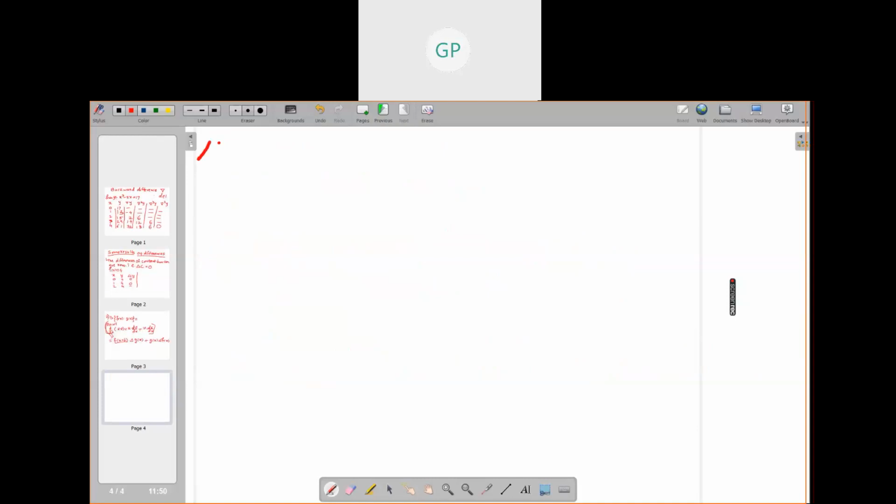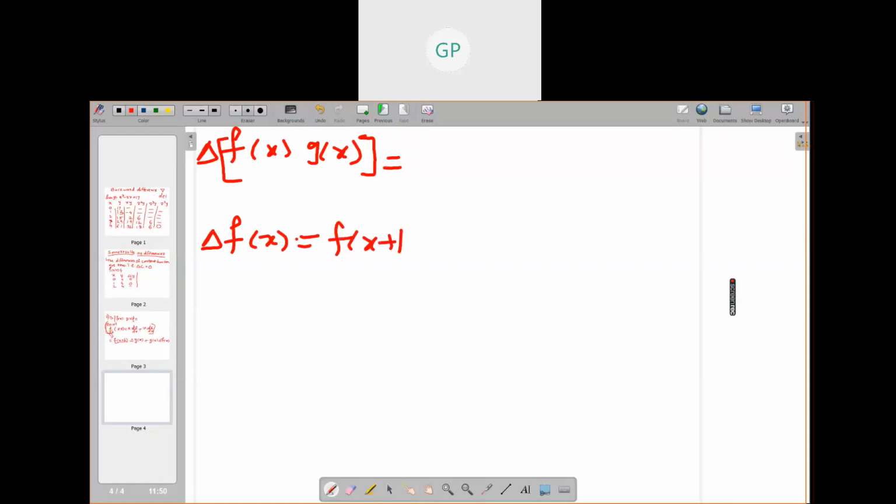So what should be delta of f(x) into g(x)? What is the original definition of delta f(x)? Delta f(x) is f(x+h) minus f(x), right? Now delta applied on f(x) into g(x) is a product.